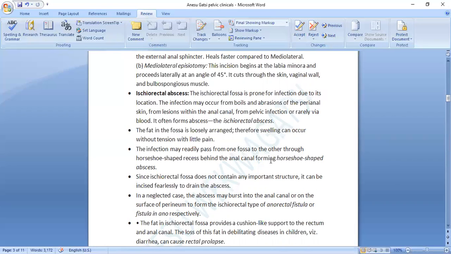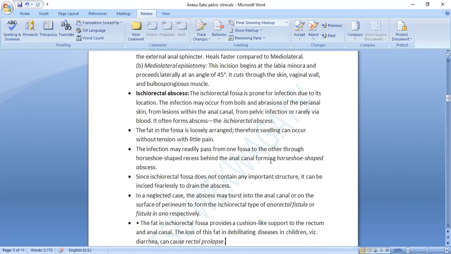So this ischial fossa is prone to infections due to its location. It's in an exposed location. The infection may occur from boils or abrasions and may cause an abscess.